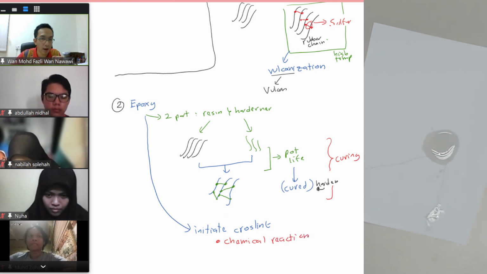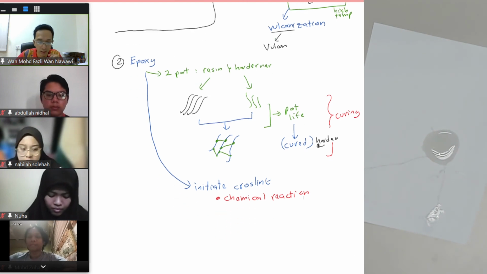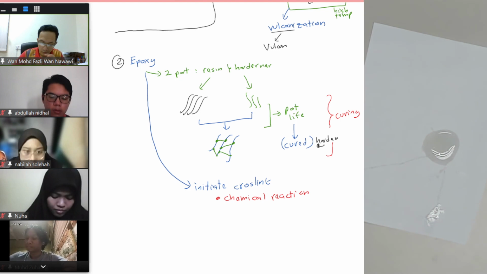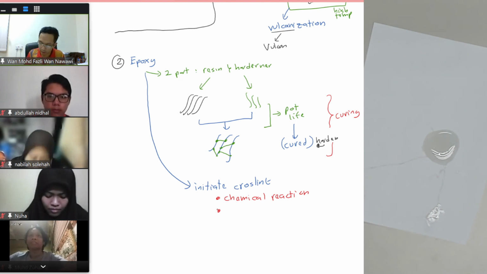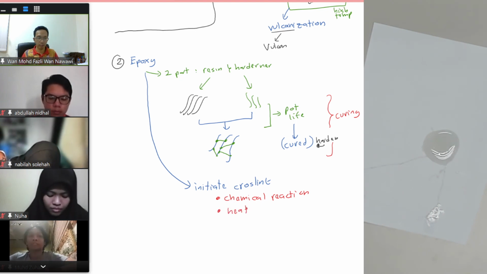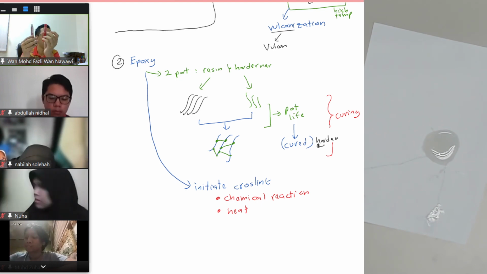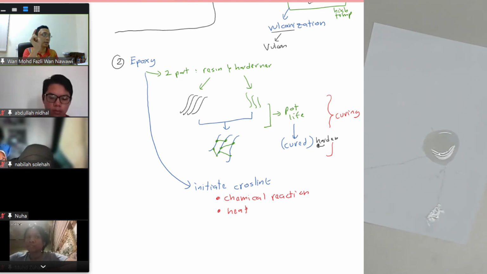But you can also initiate the curing process or cross-link process using heat. Sometimes you have epoxy without the hardener. You have one thing only, and the packaging says that in order for it to set, you need to put it into a high temperature.